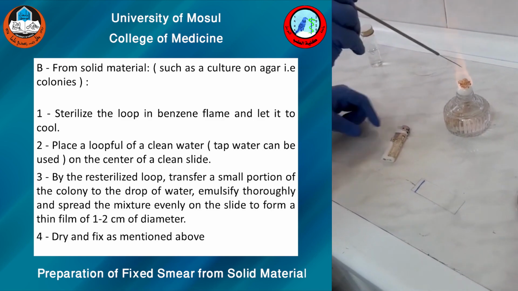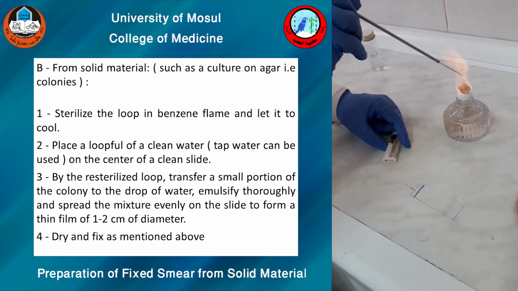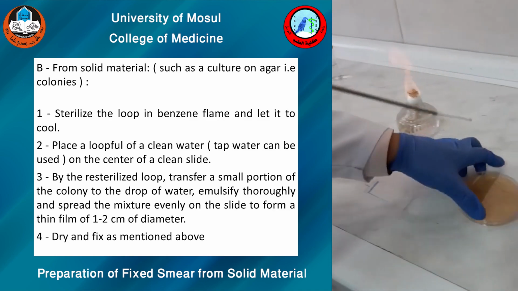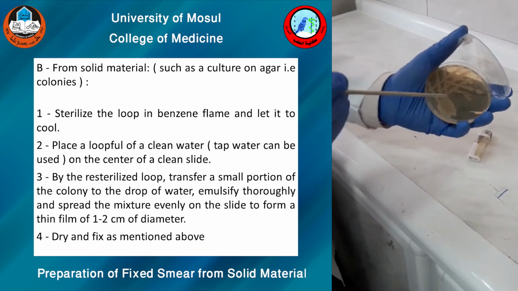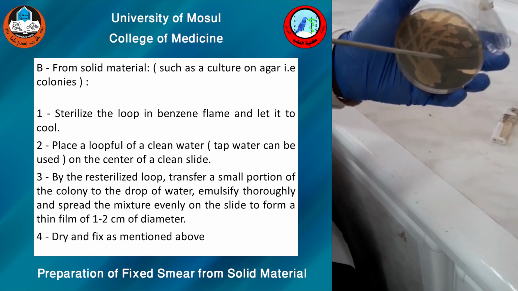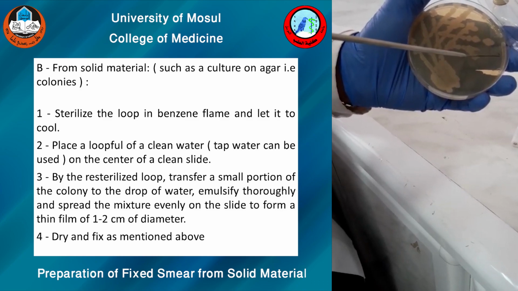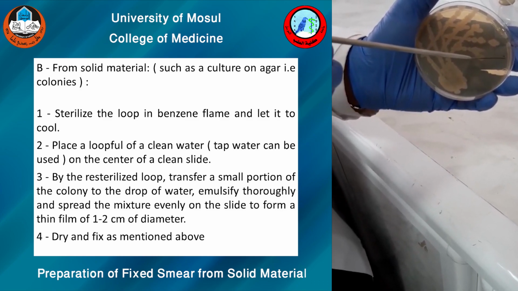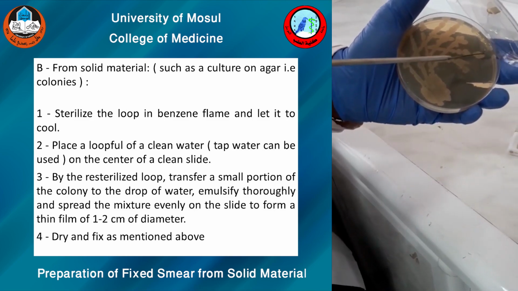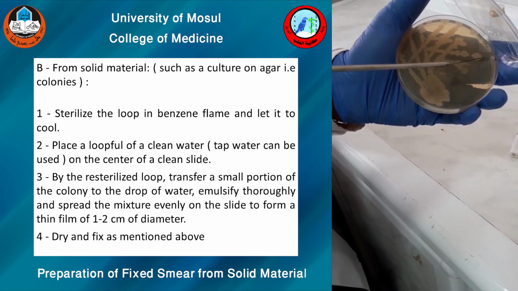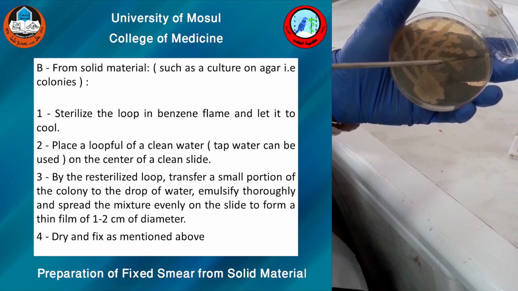Now again, sterilize the bacterial loop, and we take the nutrient agar, open it, and cool the loop on the gel. I find an area that is empty, there is no growth, and cool the loop. And by the circular end, I will take a small portion of the colony. A small portion is enough.